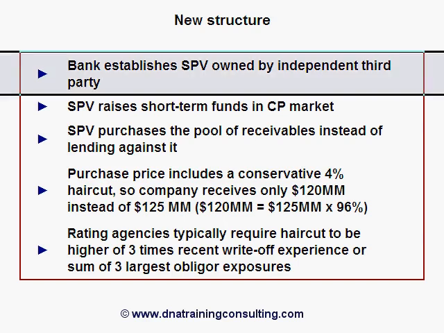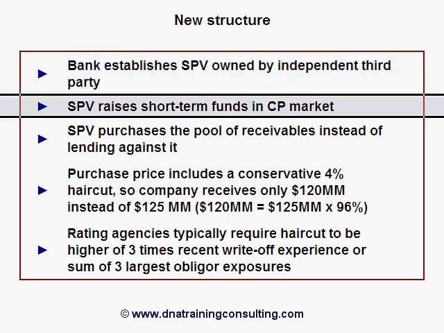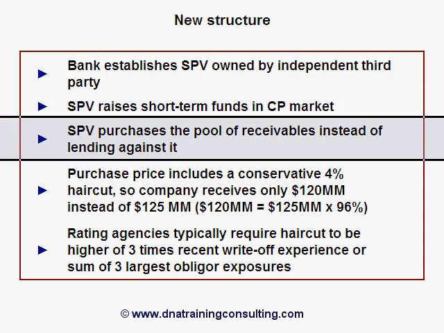Under the new structure, the bank first establishes a special purpose vehicle owned by an independent third party, raises short-term funds for the SPV in the commercial paper, and offers to have the SPV purchase the pool of receivables instead of making a loan against them.